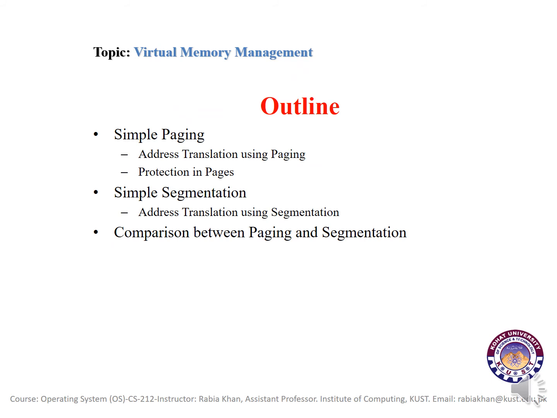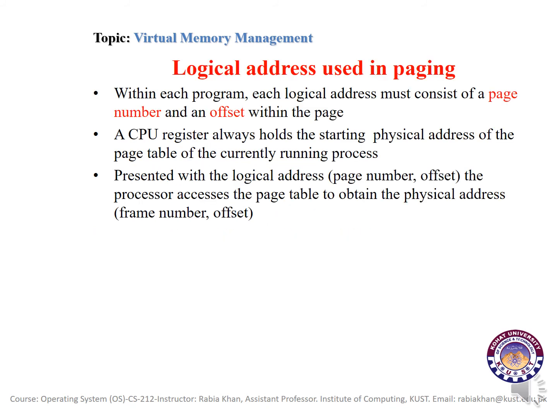Let's now discuss how address gets translated using paging. The CPU register, working similarly to a base register, or you can also call it a base register, holds the starting physical address of the page table of the running process.